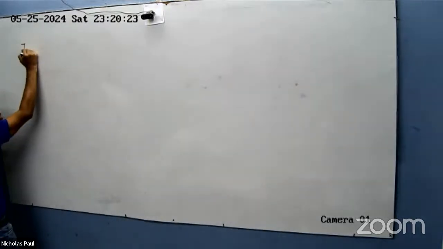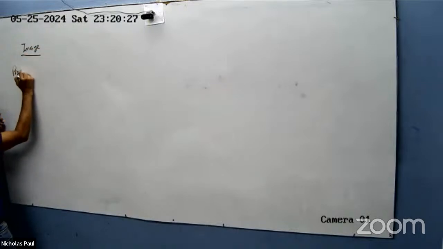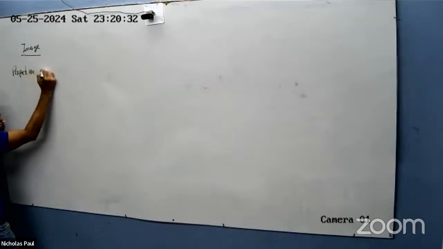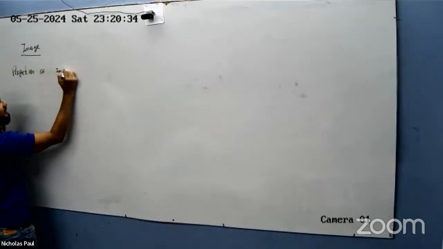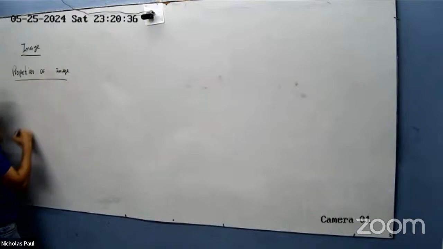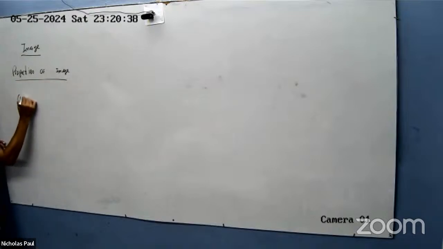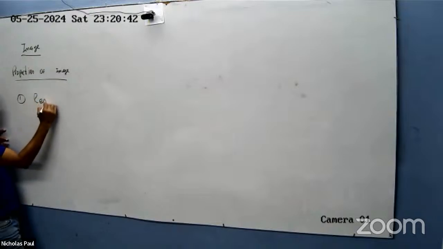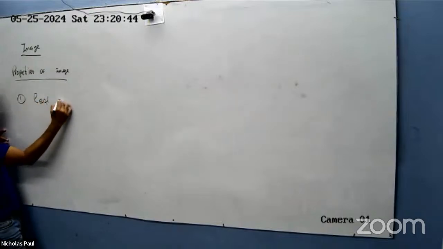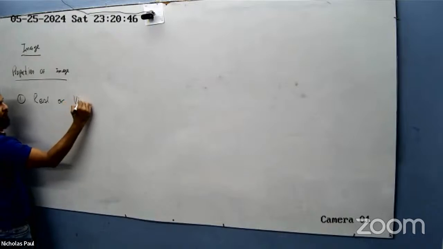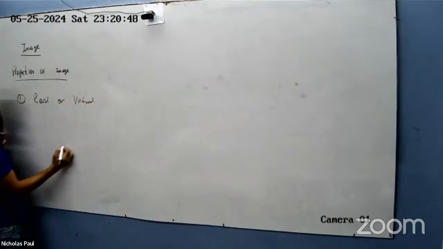Okay, so what do we need to know about an image? Some of the things we need to know are these properties of an image. Number one, an image could be real or virtual. What do we mean by real?